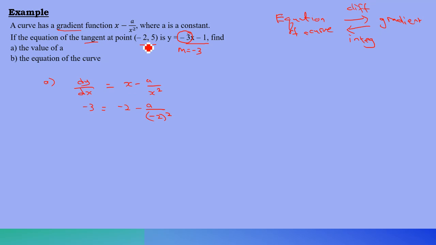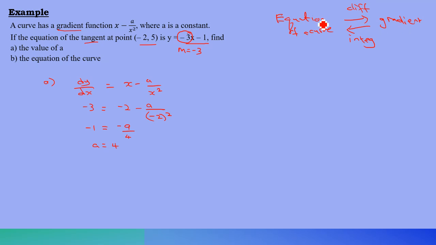At the given point, the value of x is negative 2. Substitute in, and the gradient of the tangent is negative 3. Solve this, and you have negative 1 equals negative a over 4. I bring it across, so you will get a equals 4. That answers part A.